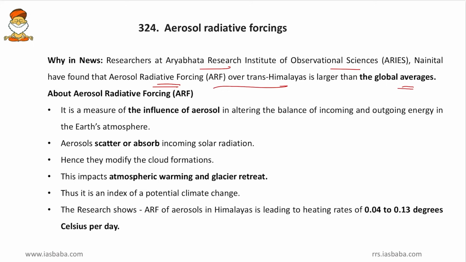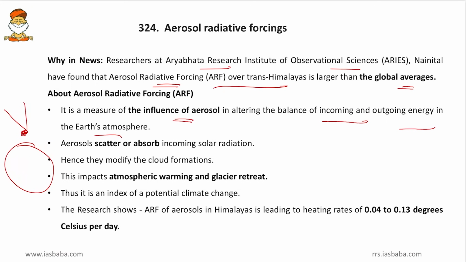Now when we study more about ARF, we will get to know the effects of this increasing ARF over the Trans-Himalayas. ARF is a measure of the influence of aerosols in altering the balance of incoming and outgoing energy in the Earth's atmosphere. So for example, if an aerosol is present in the Earth's atmosphere, it will either scatter or absorb the sunlight.